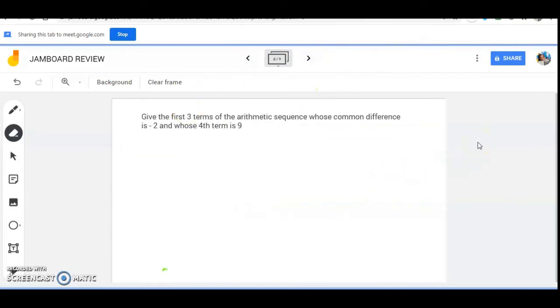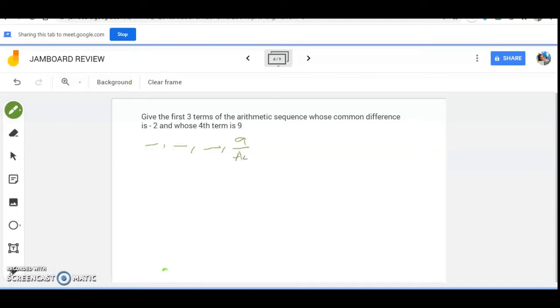Next, meron tayong problem dito. Sabi niya dito, give the first 3 terms of the arithmetic sequence whose common difference is -2 and whose fourth term is 9. So, ang hinahanap natin ay 3 terms ng arithmetic sequence. Pero, meron na siyang fourth term which is 9.